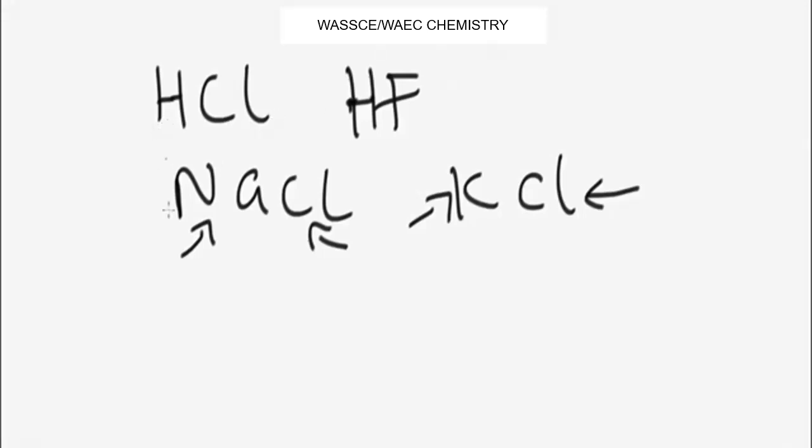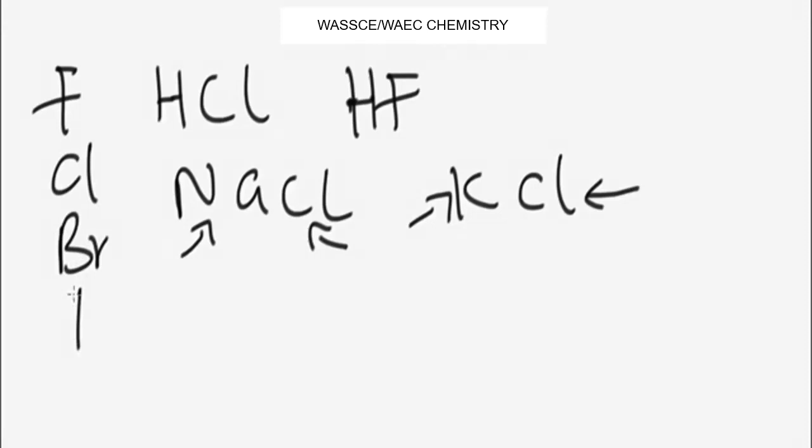Now just note this: in the trend for reactivity of nonmetals, fluorine is the highest, the most reactive nonmetal. After fluorine, you will see chlorine. Fluorine is more reactive than chlorine, and chlorine is more reactive than bromine. In that order, we have fluorine, chlorine, bromine, iodine.